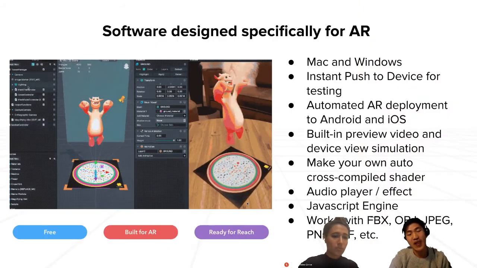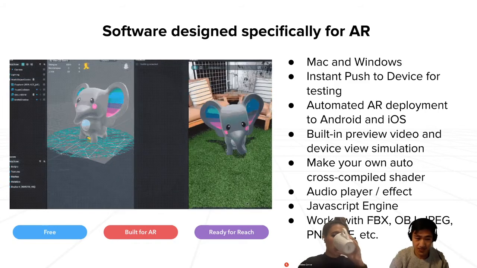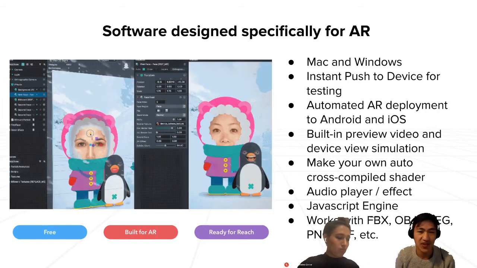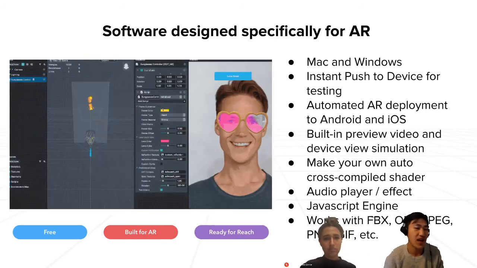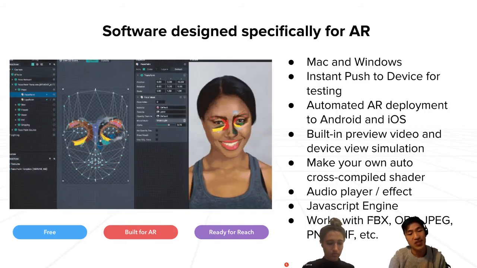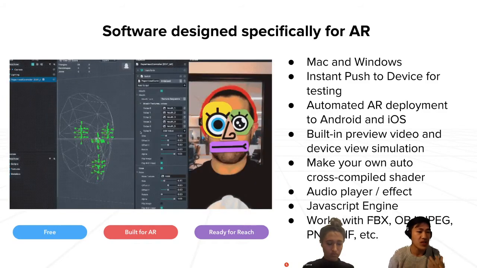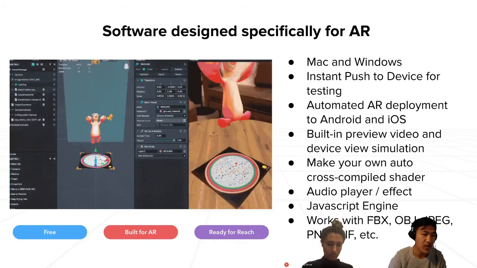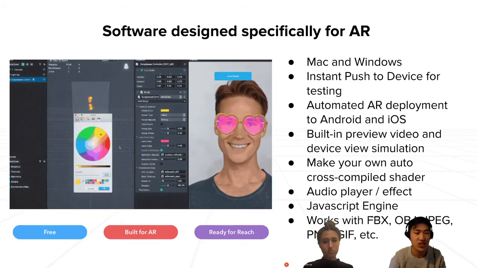Awesome. So Lens Studio is an amazing software designed specifically for AR. As you know, Snapchat has been making augmented reality lenses for quite a while. And in 2017, we opened up our tool for use with the public. This tool is great for Mac and Windows.